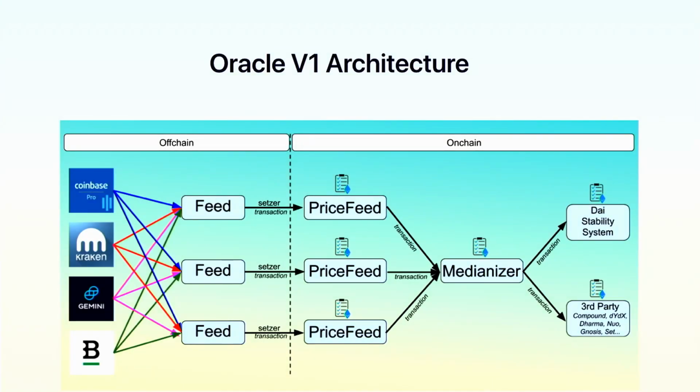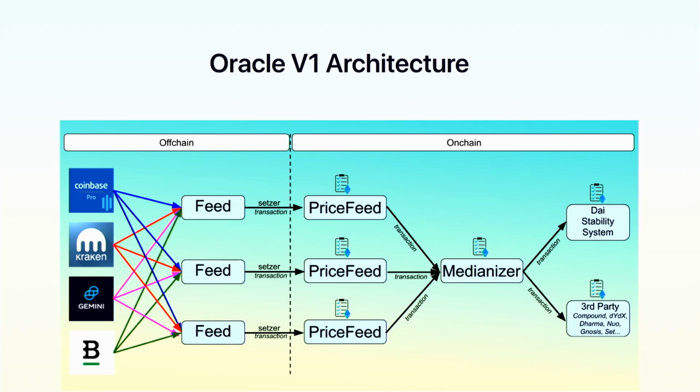So this is the architecture we had for oracles v1. You'll see the split between off-chain and on-chain, and that'll be very relevant later. In v1, every feed would grab the prices from a set of exchanges, and push that price to its own price feed smart contract.